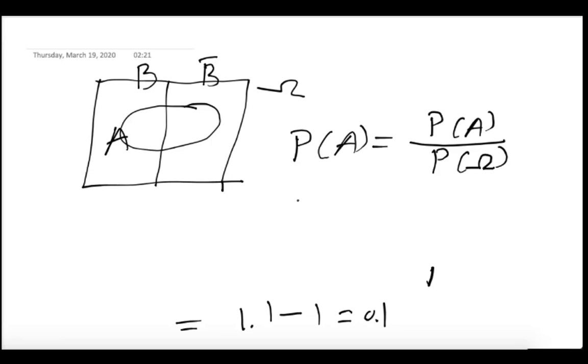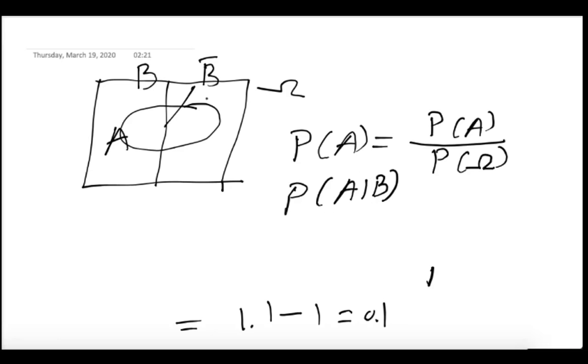But if you know that B already occurred, then B bar never occurs, right?